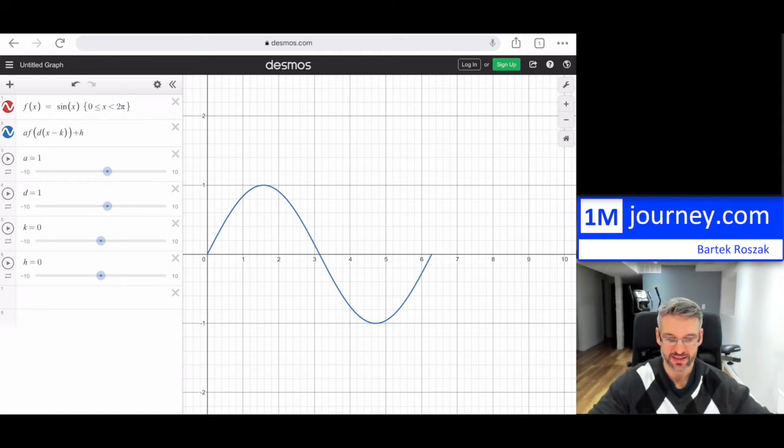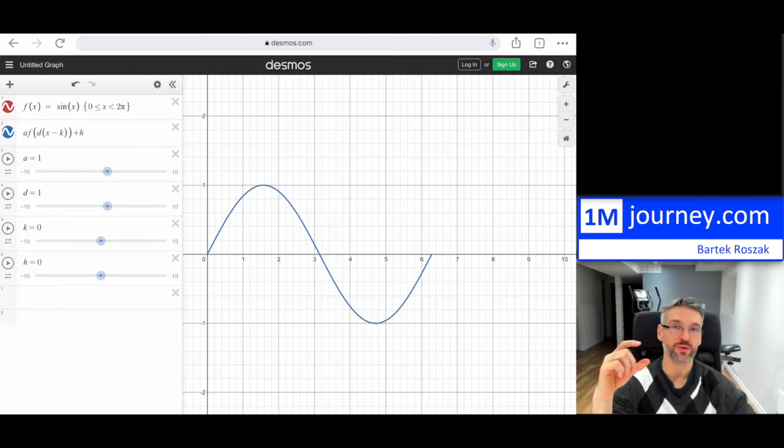So first off, the blue that you see right on the screen, that's basically set as sine of x. And now what I'm going to do is work with the various values. So A, which happens in front of your sine, if you put that in front of your sine, that should be changing.